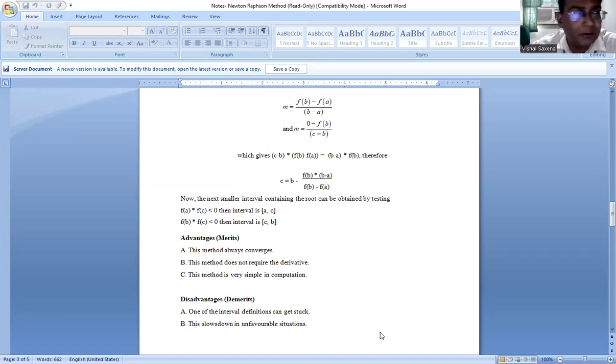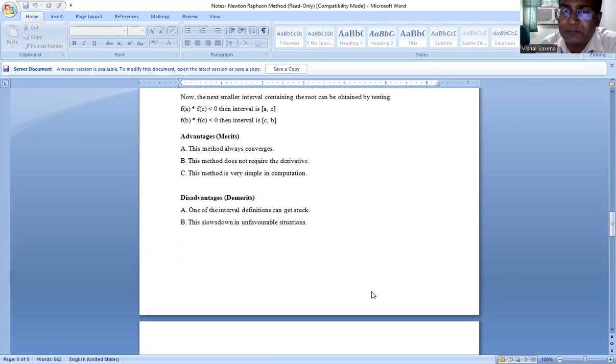Third, this method is very simple in computation, not difficult to apply, and the calculations can be done easily. The disadvantages: this method slows down in unfavorable situations, and one of the interval endpoints can get stuck. So these are the two disadvantages of this method.